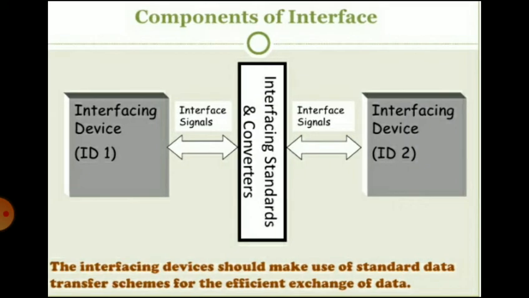Now you can see the block diagram showing the components of an interface. In the block diagram, you can see the interfacing device on the left hand side, and also the interfacing devices placed on the right hand side. In between, there are interfacing standards and the converters.